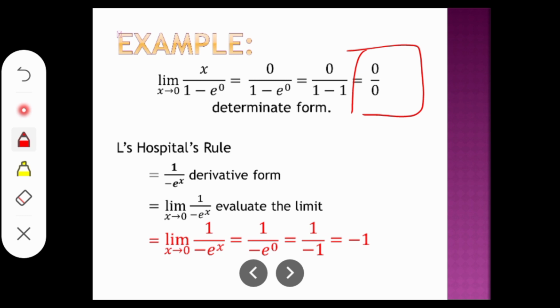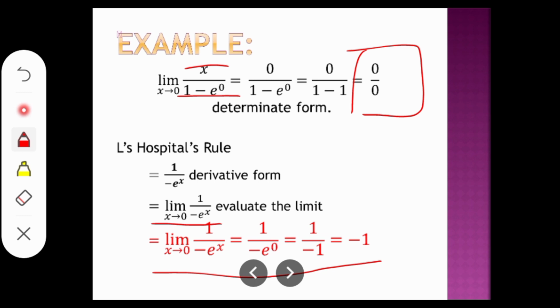First, derive it. The derivative of these functions is 1 over negative e raised to x, where the numerator is 1 and the denominator is negative e raised to x. Now evaluate the limit again: the limit of 1 over negative e raised to x as x approaches 0 equals 1 over negative e raised to 0.